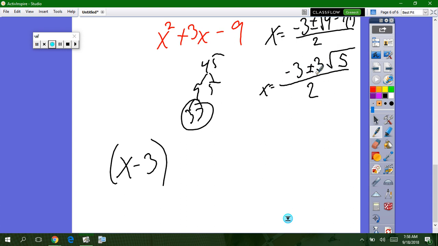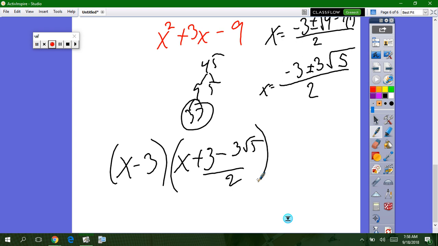I'd subtract, so it'd be x plus 3 minus 3 root 5 all over 2. There's one of them. What's the other one? X. How do I get rid of him to the other side? Add. So it'd be x plus 3 plus 3 root 5 all over 2. Okay. Just like I would do with the other factors, right?